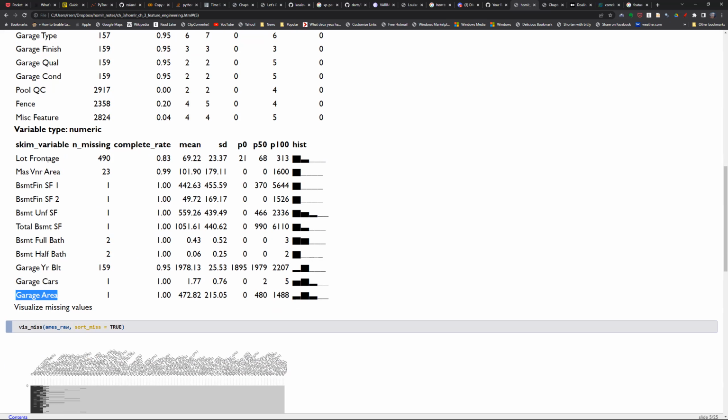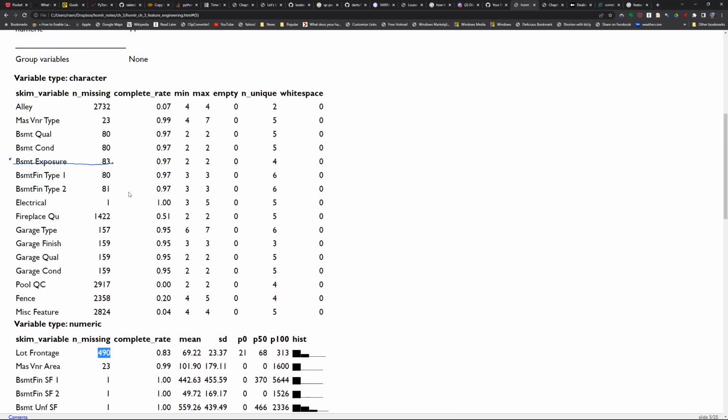And the lot frontage, which is the measurement of how many meters, because this is from Iowa. No, maybe feet. Okay, I was confusing it with an Australian data set. The lot frontage is the measurement of the front of your lot size in terms of feet. Oh, okay, and that one has 490.